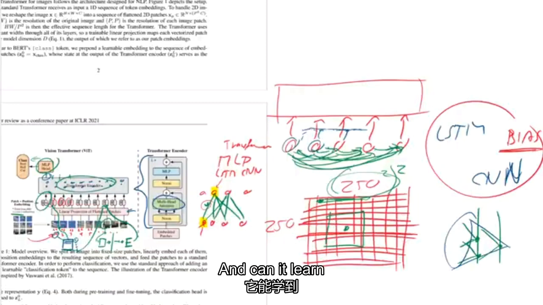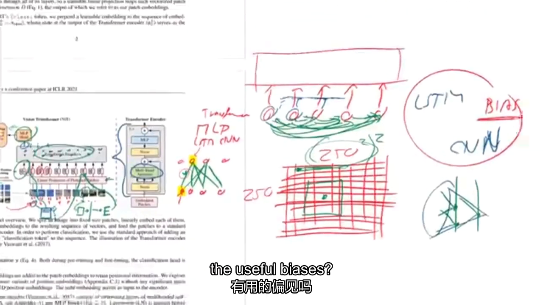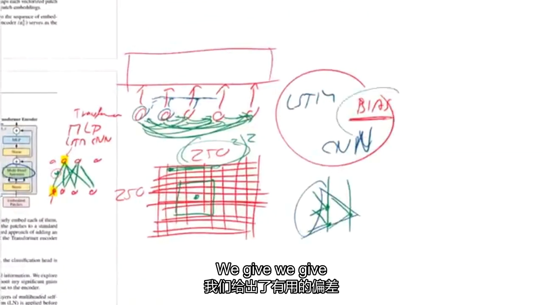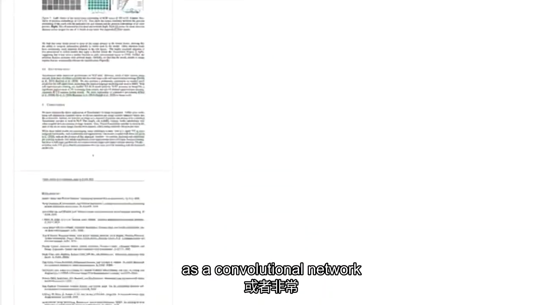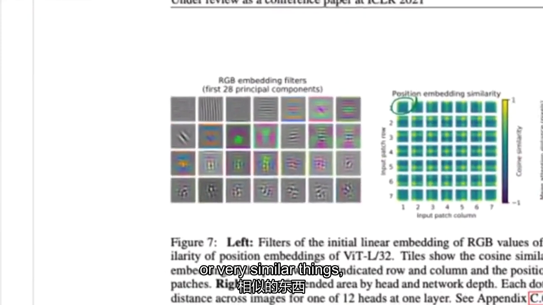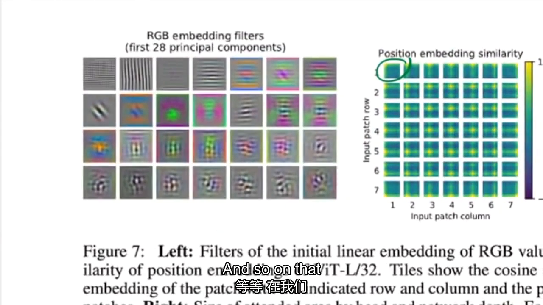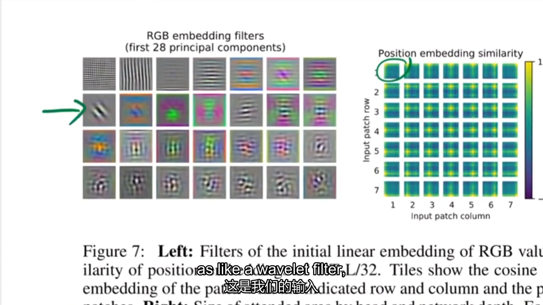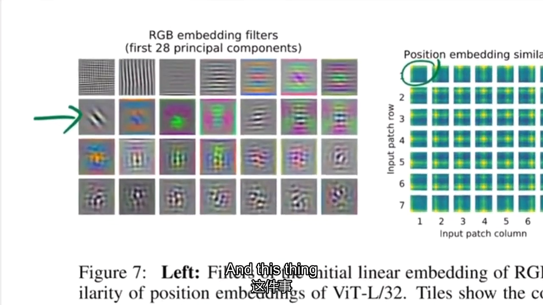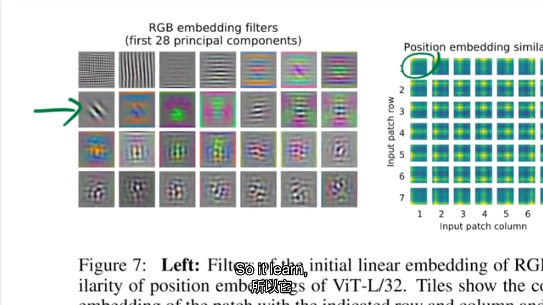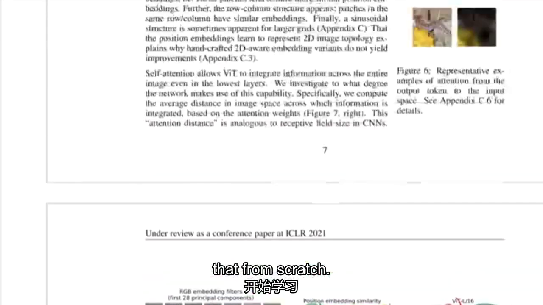And it can not only learn the useful biases, right? We give useful biases, and you can see it learns the same thing as a convolutional network, or very similar things. It learns these filters and so on that before we would have given as a wavelet filter. That was even before CNNs, we fed in wavelet filtered things. So it can learn that from scratch.